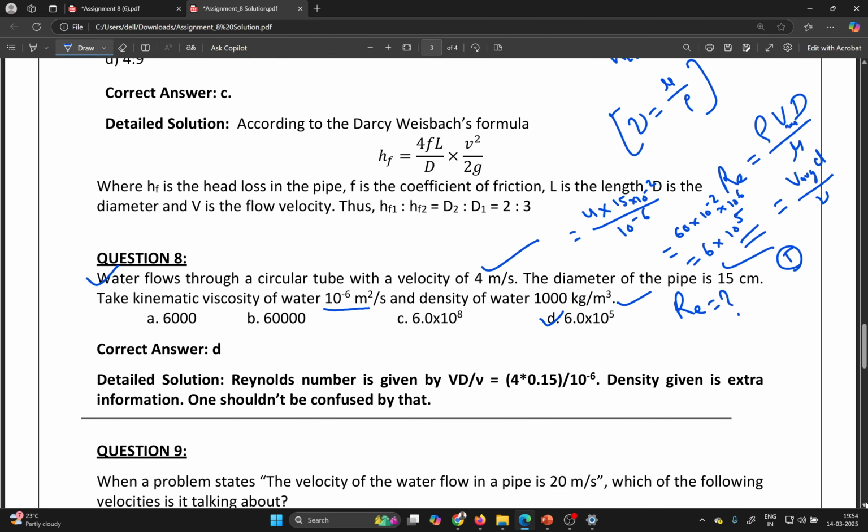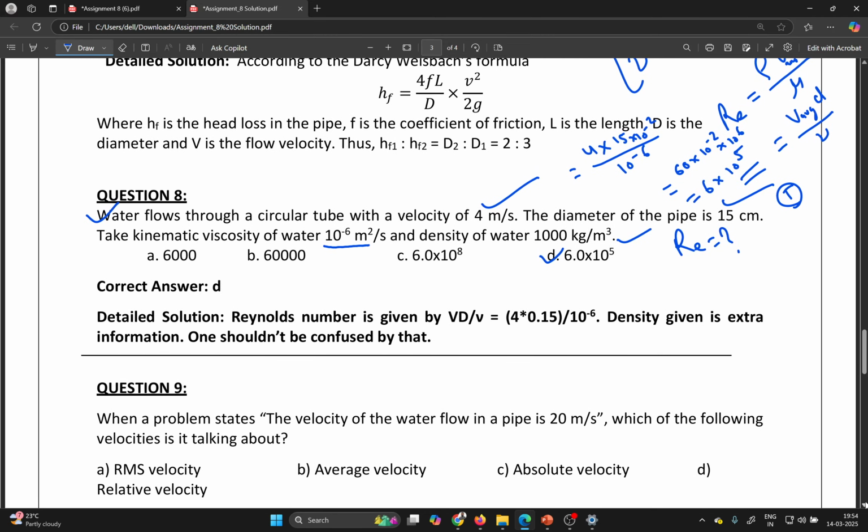Okay, here our question is: when a problem states the velocity of water flow in a pipe is 20 meter per second, which of the following velocities is it talking about? RMS velocity, average velocity, absolute velocity, or relative velocity?